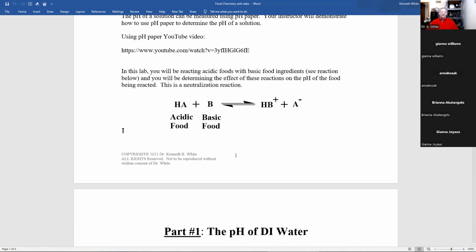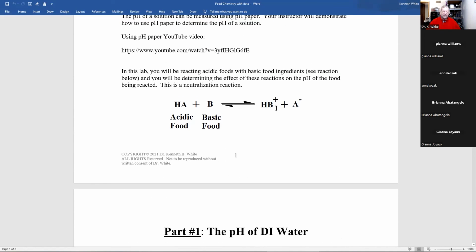Now, in this lab, you'll be reacting acidic foods with basic foods in the following reaction and determining the pH of the food after they're being reacted. This is called the neutralization reaction. You have acidic food, HA, and a basic food, you have proton transfer to make a salt.